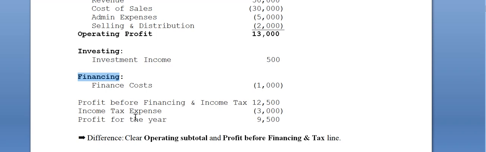Please take note of that. After your profit before financing and income tax, that's when you will now charge your tax expense for the year. And after your tax expense for the year, you are going to have the profit for the year. Please digest this. It's very important for you to digest it.